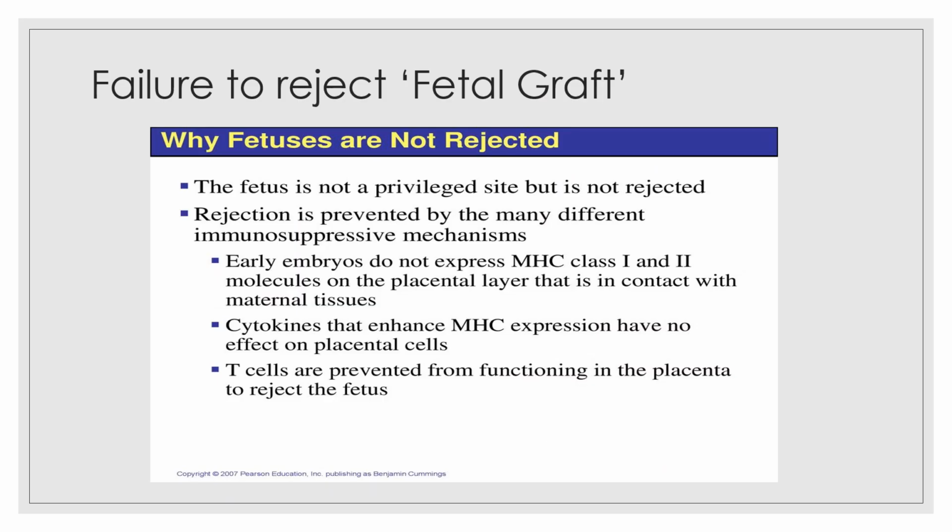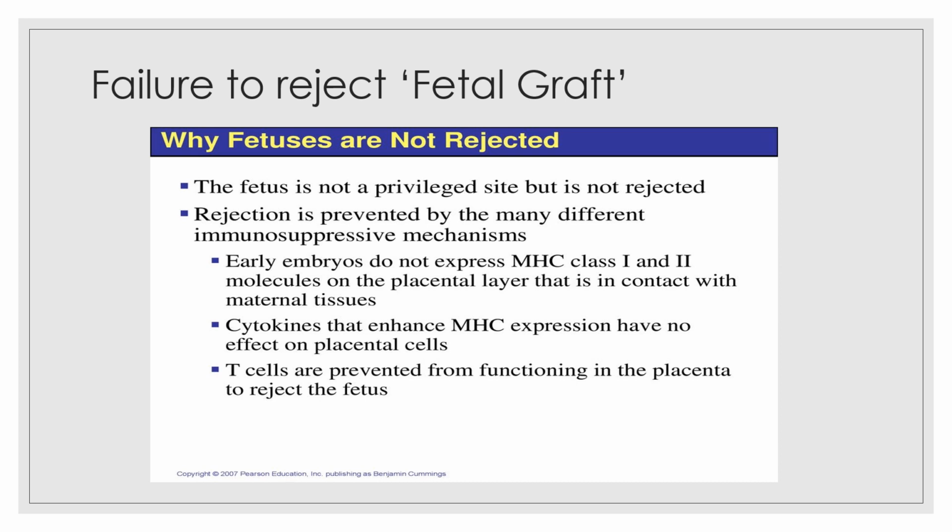Now, the fetus and the mother are two genetically distinct individuals. We know that any kind of foreign body inside the body, our body immune system tries to reject it. That's why in graft rejection, in any kind of renal transplantation or heart transplantation, we have to take so many precautions.